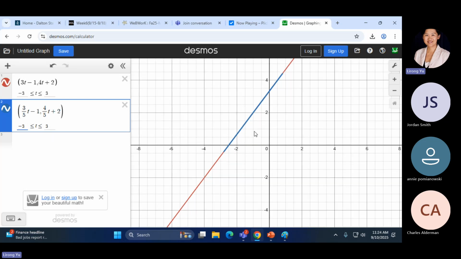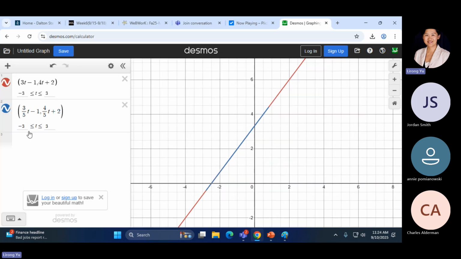You can zoom in and say we make t from 0 to 1, and that's exactly 1 unit. And then you can make t from -1 to 1 as 2. See, this is how long 1 is. You can compare the distance here. This is 1, this is also 1.